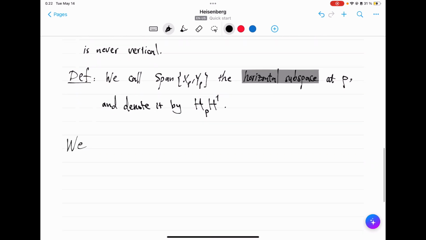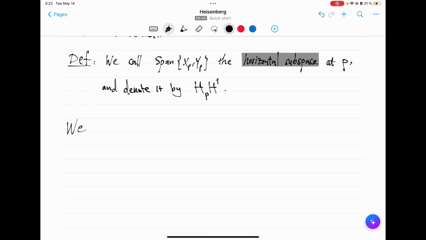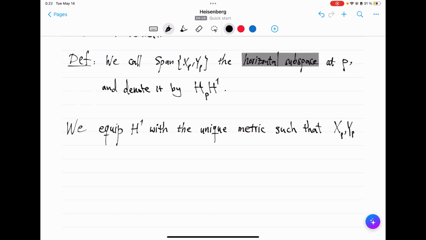But here we change the Riemannian metric totally, so that we equip H1 with the unique Riemannian metric such that xp, yp, and tp are unit length and mutually perpendicular.